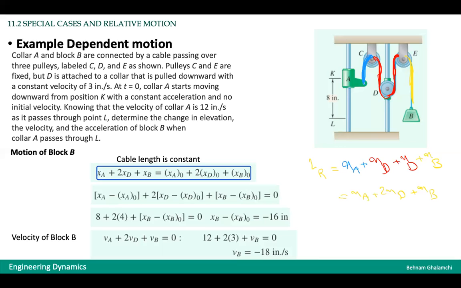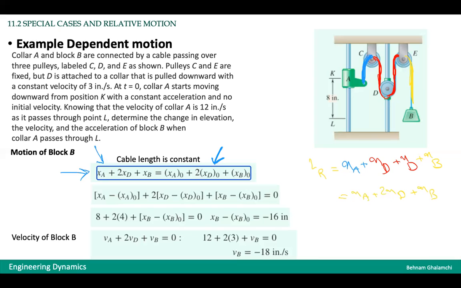And since this is a constant number, we can say that the original positions of XA, XD, and XB, when we write it based on the length of the rope, should be equal to the positions of A, D, and B at any time, because all in all, that will be the constant length of the rope.